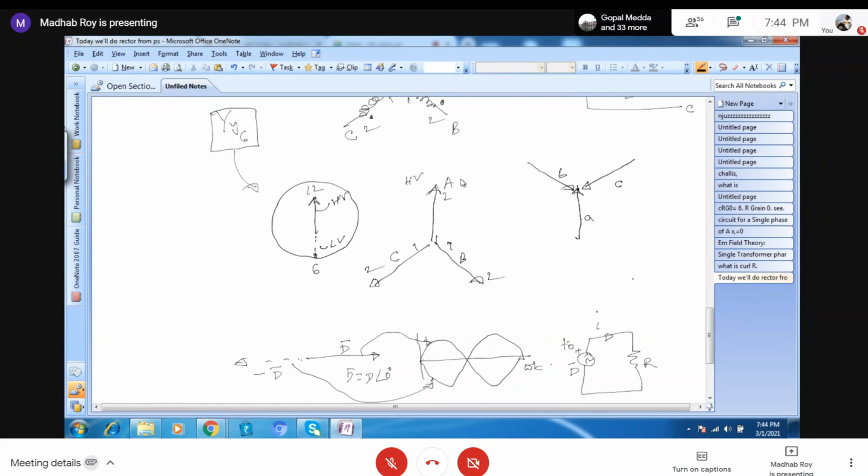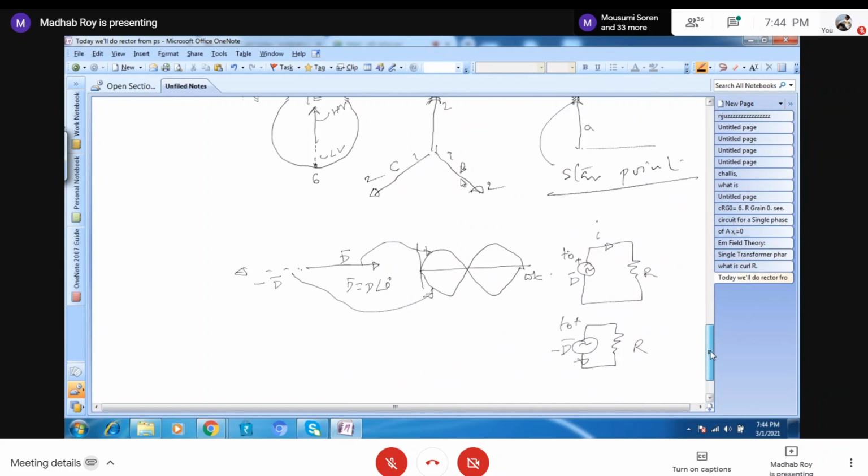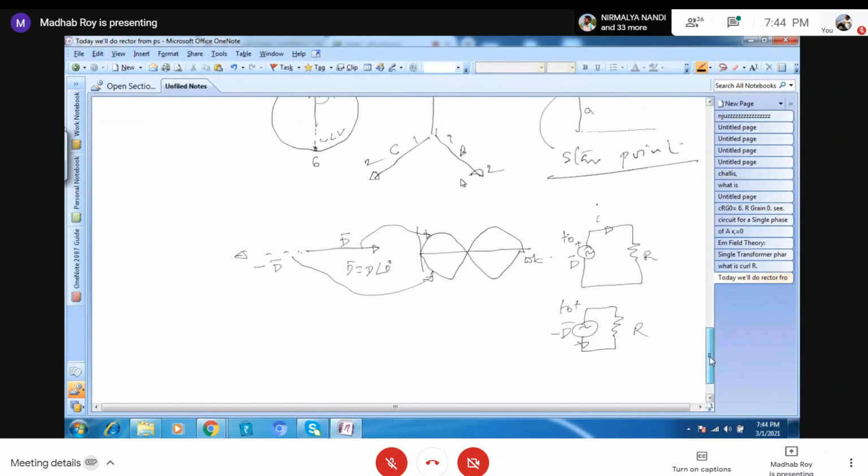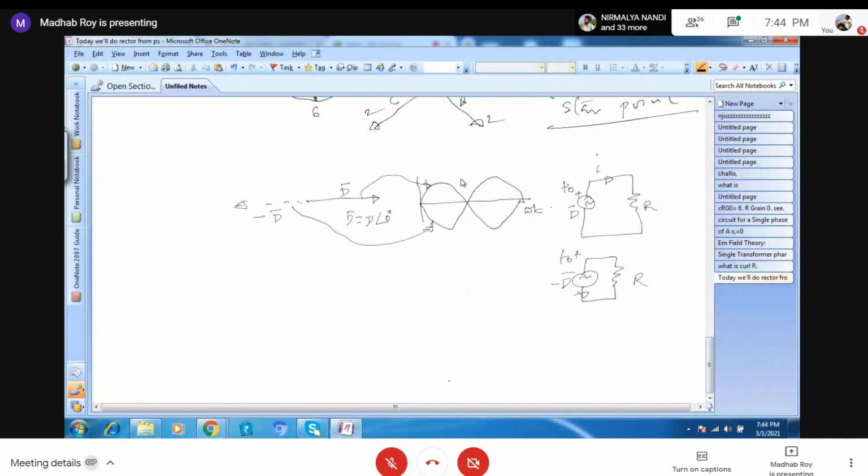That means the star point is on the opposite side. This is called the star point. So the star point will be on the arrowhead. So if we put the star point at the arrowhead and the line will be like this, then that will be the YY6. So got it. So how to do this into the connection diagram? In the connection diagram, the high voltage will be like this as it is.